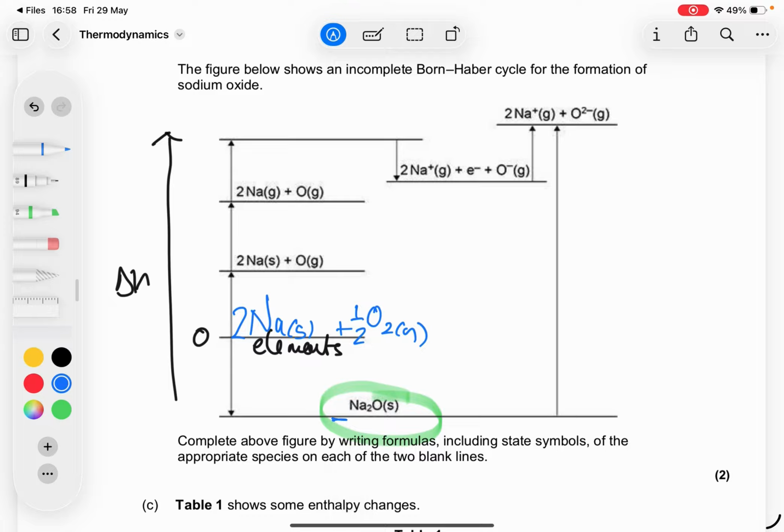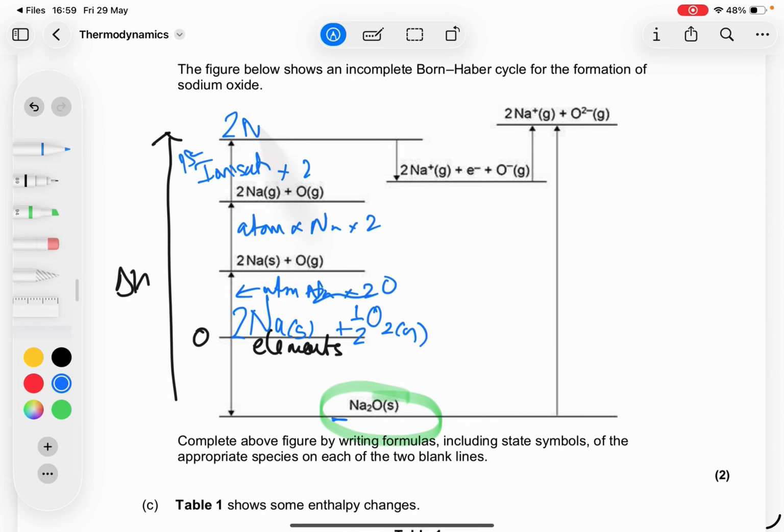Then note, you've got atomization of sodium times 2. Here they've done it the other way. They've done atomization of oxygen, then atomization of sodium times 2. I normally do metal first, then non-metal. Then right at the top is first ionization of sodium times 2.